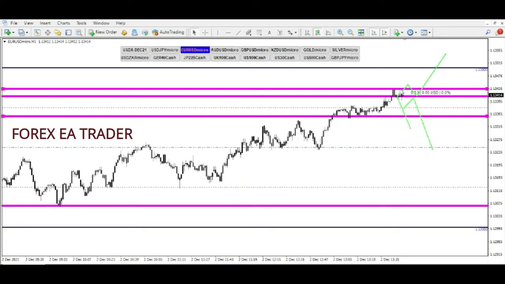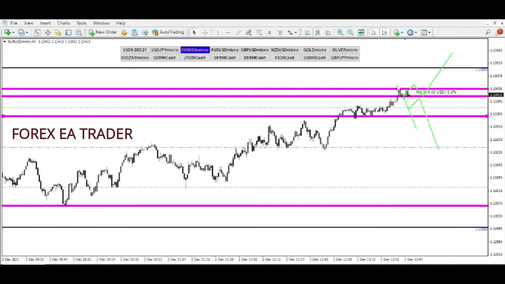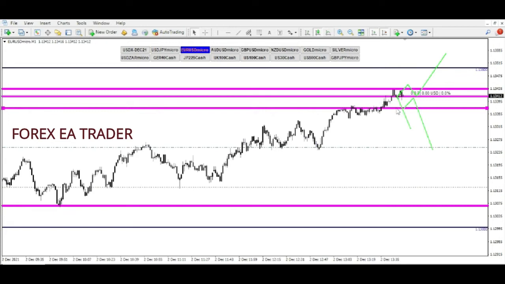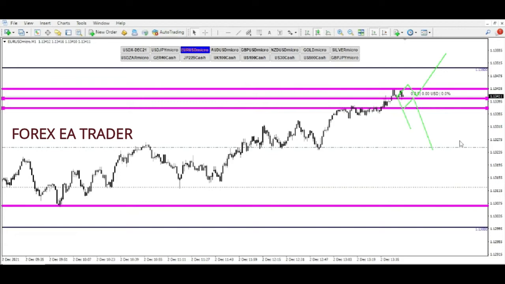So if you sold a standard lot here, then what you want to do is definitely have an area, maybe 50%. We said our TP is probably here, so we want say 50% area there. You sold a standard lot, you come around this region, you take out the majority of that standard lot, whether it's 0.80, 0.90, 0.70, it's up to you.